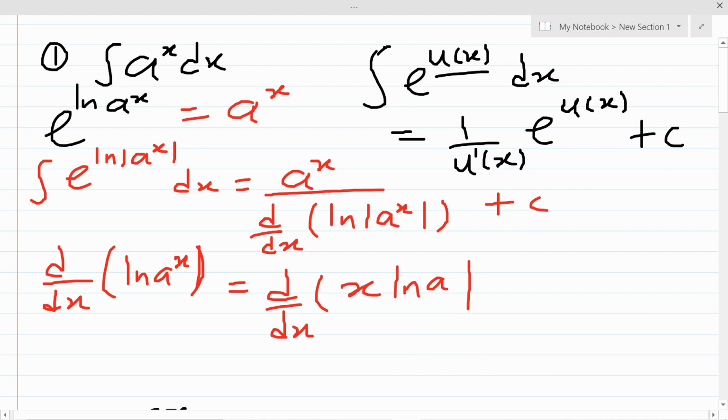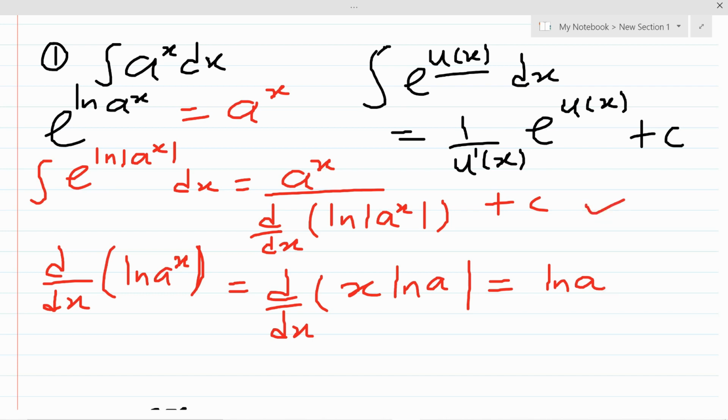So this will be equal to just differentiating x, and we'll get 1 times ln a, so we get ln a.